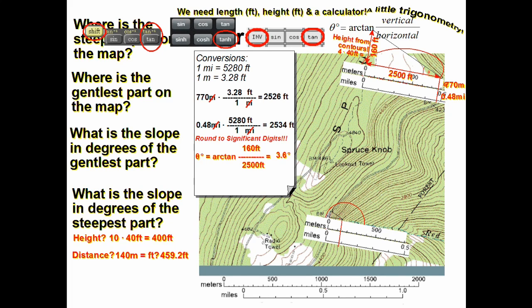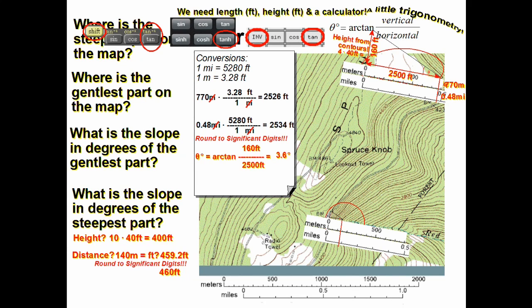Well, is this a number we're going to use or write down? Well, not really. Let's round this one to significant digits. In my 140 meters, the ones I measured, there are 2 significant digits. So again, I need to round 459.2 to 2 significant digits, which comes out to be 460 feet.